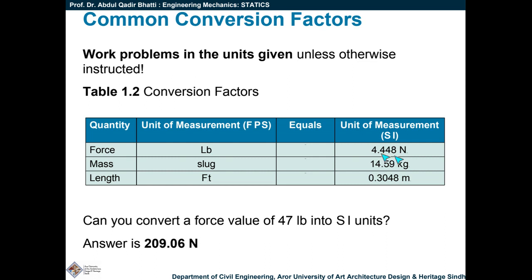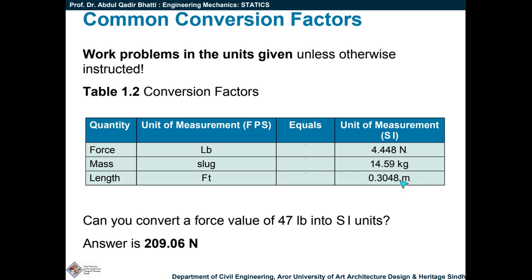I will multiply by how many newtons is 1 pound? Yes, 1 pound is equal to 4.448 Newton, right? And 1 slug is equal to 14.59 kilograms, okay? And 1 foot is equal to 0.3048 meter.